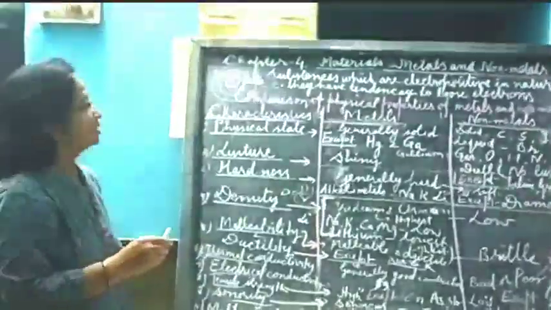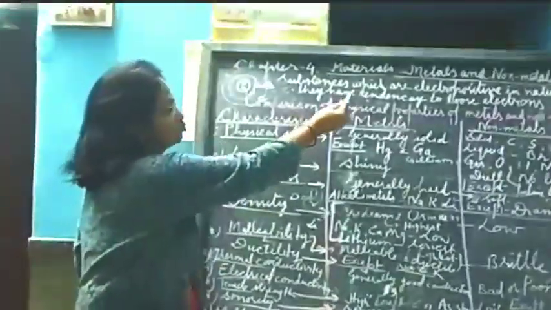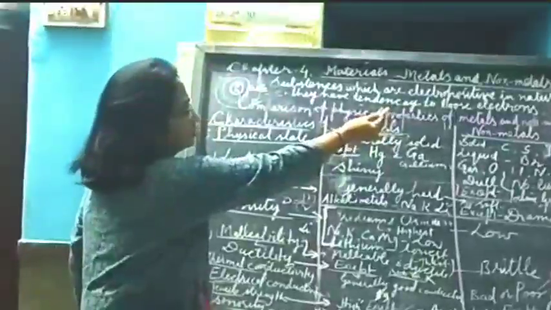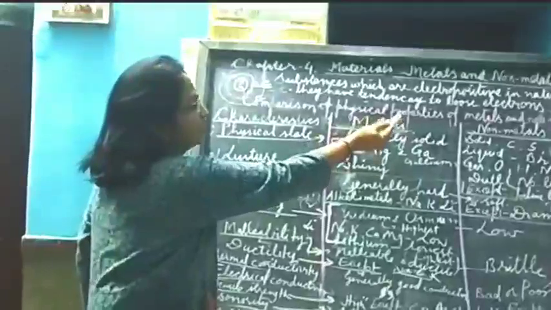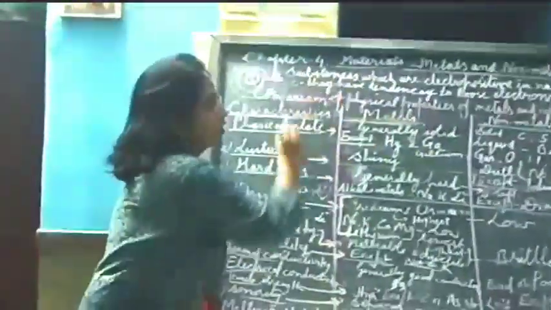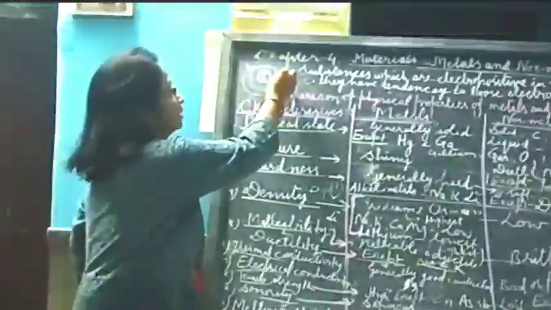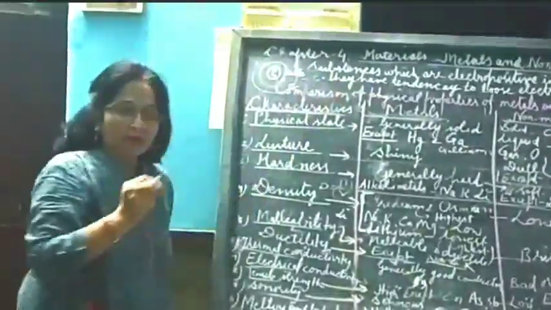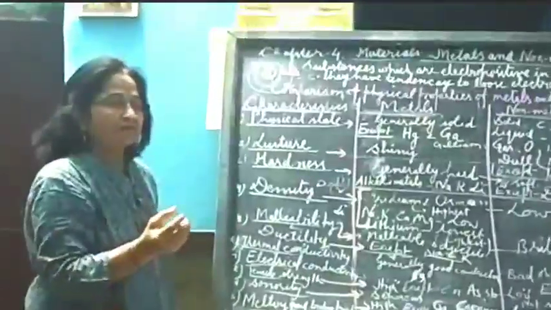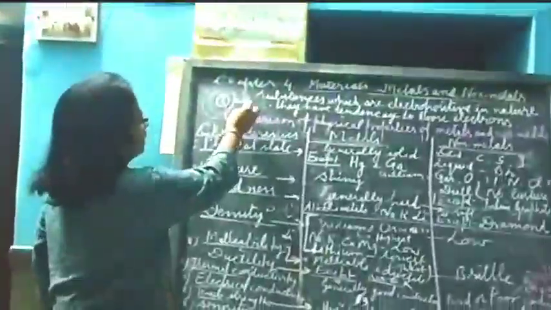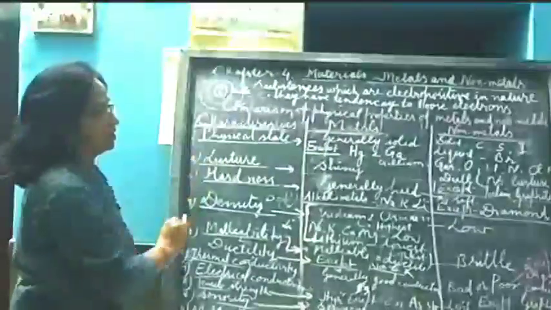And just the reverse, non-metals are substances which are electronegative in nature, meaning they have a tendency to gain electrons. Non-metals have valency 5, 6, 7, so they will gain electrons and have a negative charge.